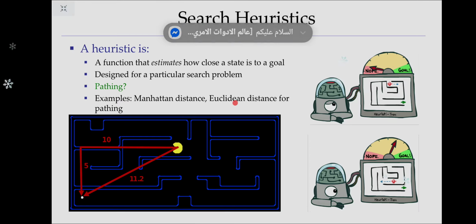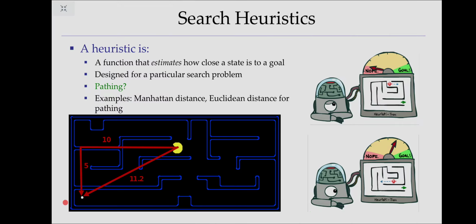And also, Euclidean distance can be used. In Euclidean distance, the quadratic difference between x2 and x1, x2 minus x1, power 2, plus the similar term for y2 minus y1, power 2.